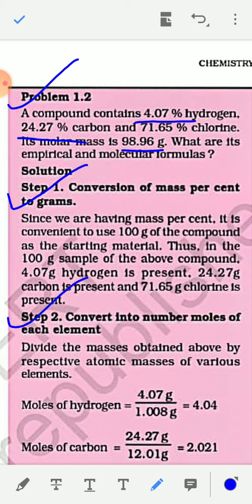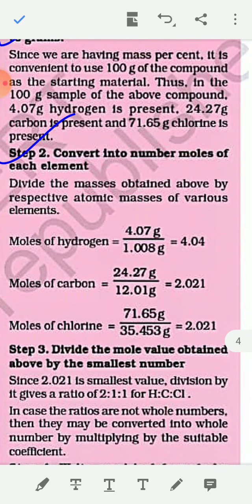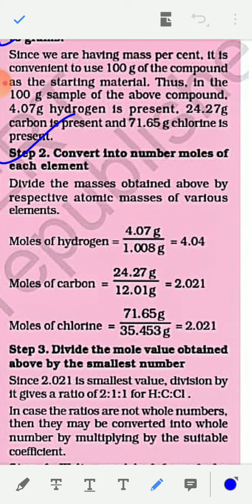Okay, so first you have to convert mass percent to gram. Then second step, convert into number of moles of each element, that is mass to number of moles conversion. In the compound hydrogen is present 4.07 gram. If you divide the mass of that element by its atomic mass, then you will get the mole number of that element.